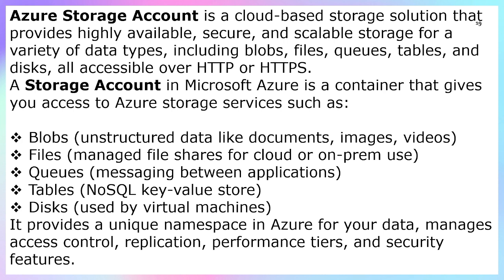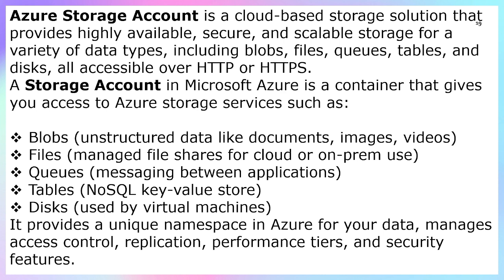Whereas file storage is for any file, in the cloud or on-prem. On-prem means you store on your own server, whereas cloud storage means you store on the cloud server side.